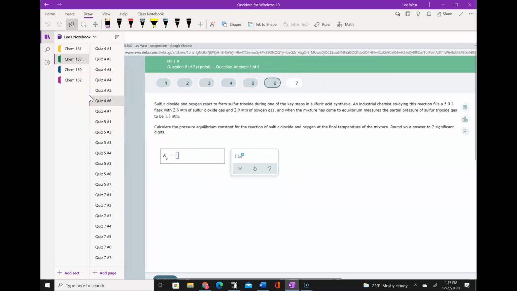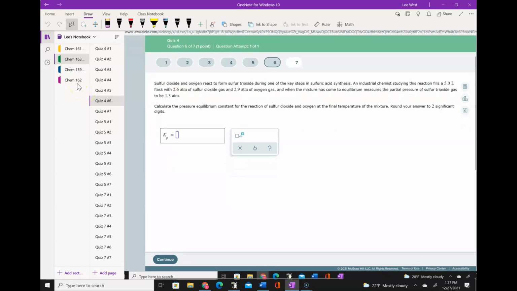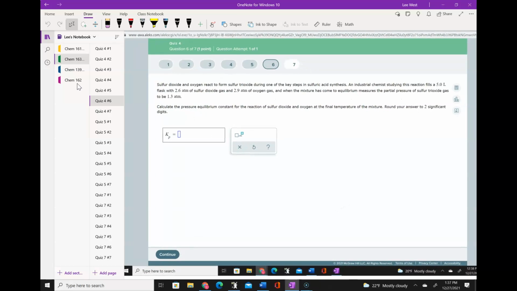Okay, it looks like we've got the same type of problem again, but with different numbers. Sulfur dioxide and oxygen react to form SO3, so we know how to balance that one. We'll put our initial over here now. It says an industrial chemist studying this reaction fills a 5-liter flask with some sulfur dioxide and some oxygen.